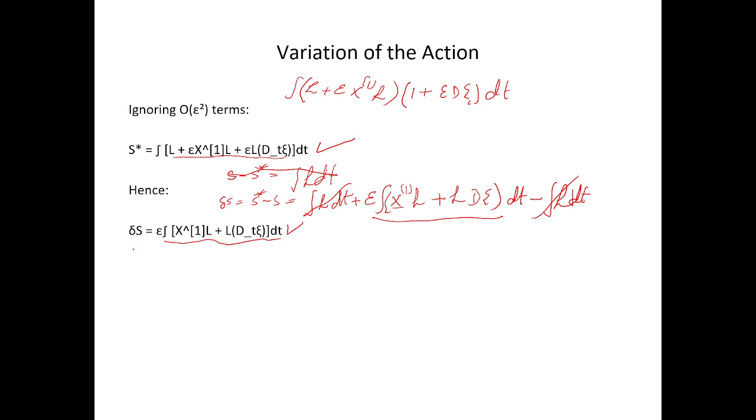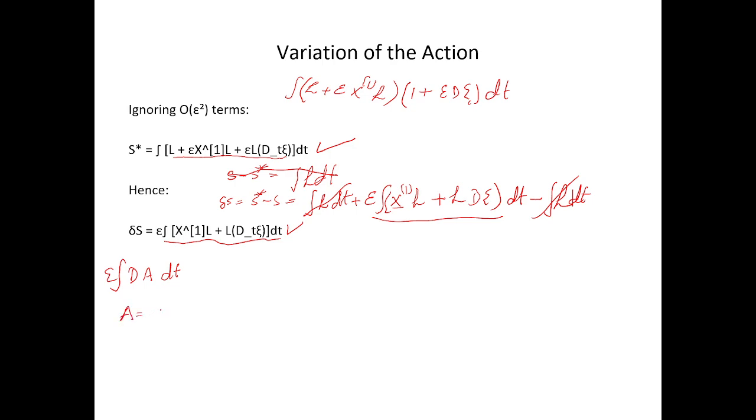Now this variation in S is at most a divergence term. I write that as d, that is epsilon dA over dt. So this is delta S. It is at most a divergence term or constant of integration. You see, this A is called the gauge function.